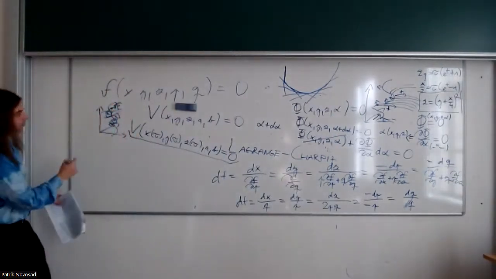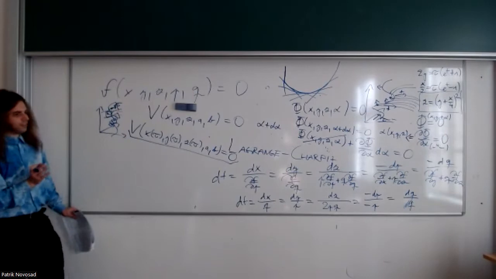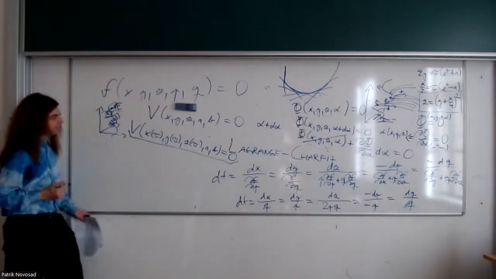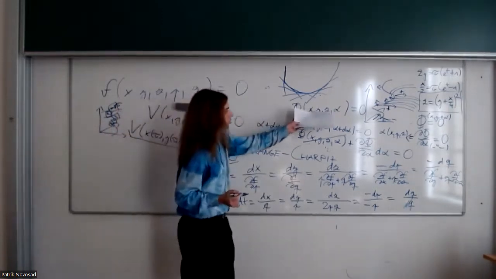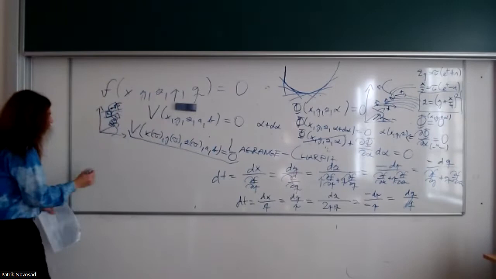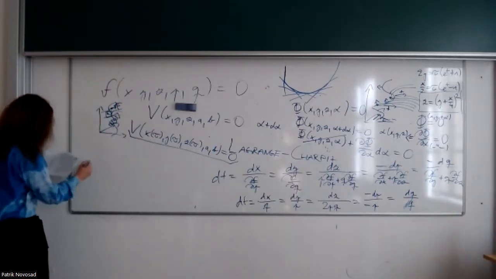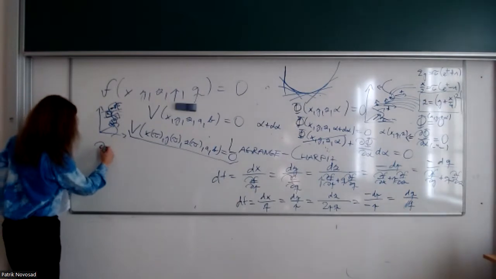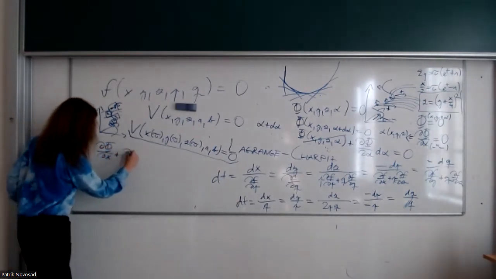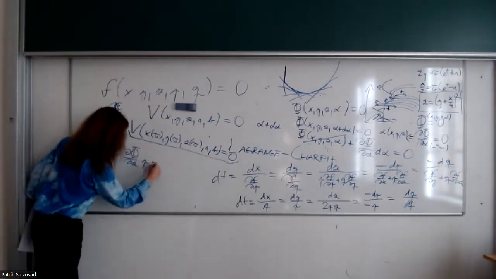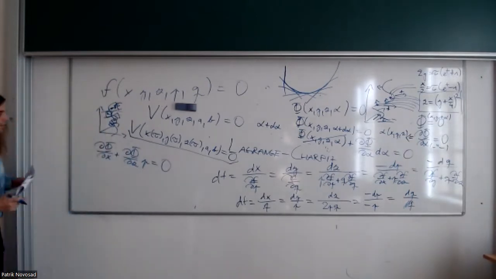And let's just have a look at its normal. So we will need to compute the derivative of this expression with respect to x and y. So let's do it, for instance, with respect to x. And we get something like this.